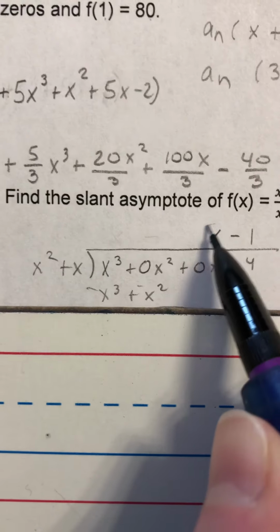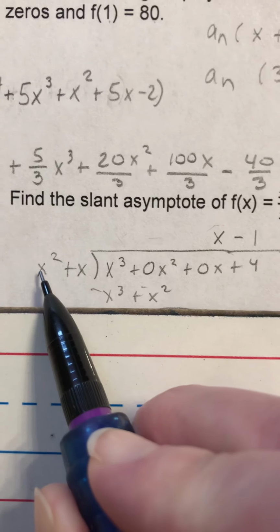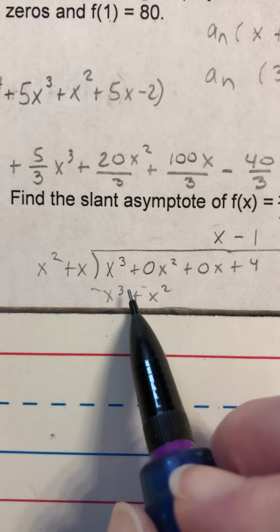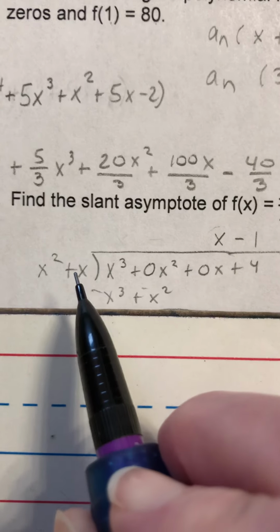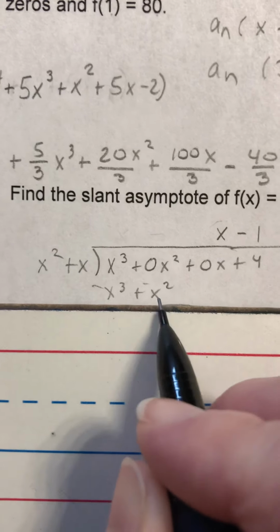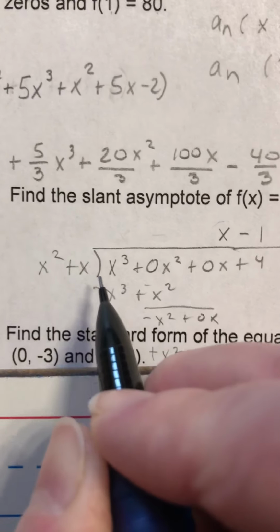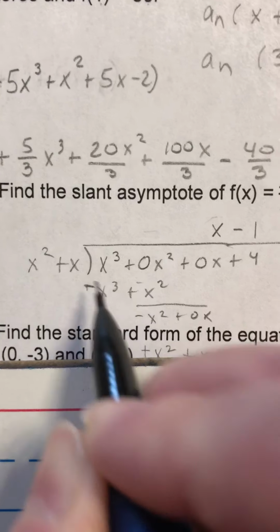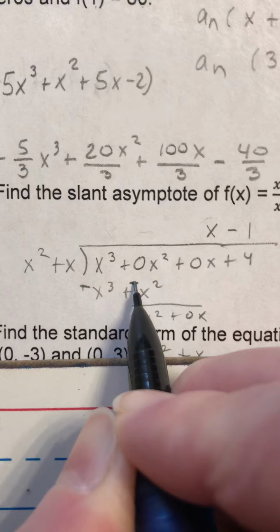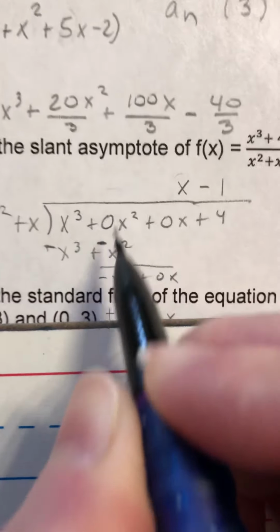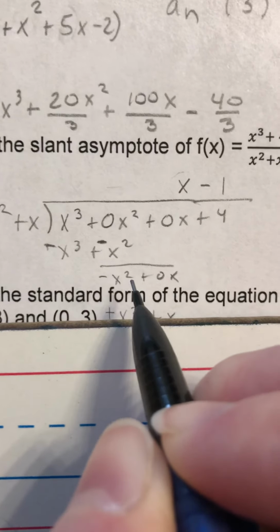Then I multiply this x by this, and I get x to the third. Then x times x is x squared. But then remember, at this step, we subtract. So I'm going to subtract both parts. That's how I get negative x squared.